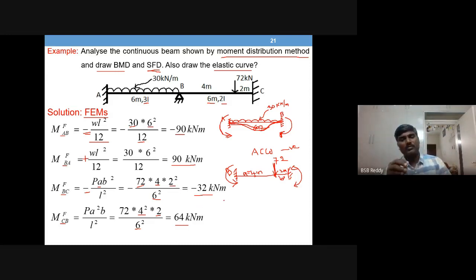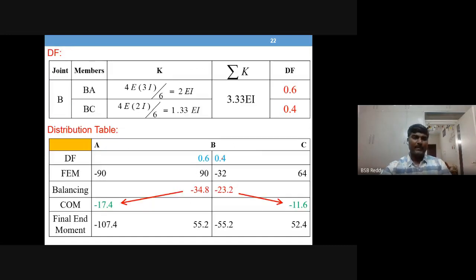So with this, step 1 is done. Got it? Next, going for step 2. In step 2, the distribution factor shall be calculated for all the members meeting at the joint.